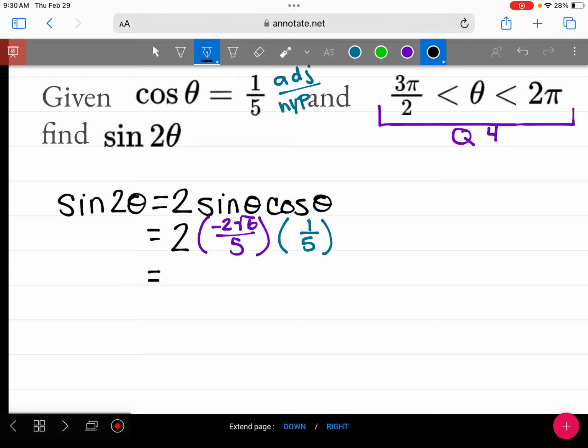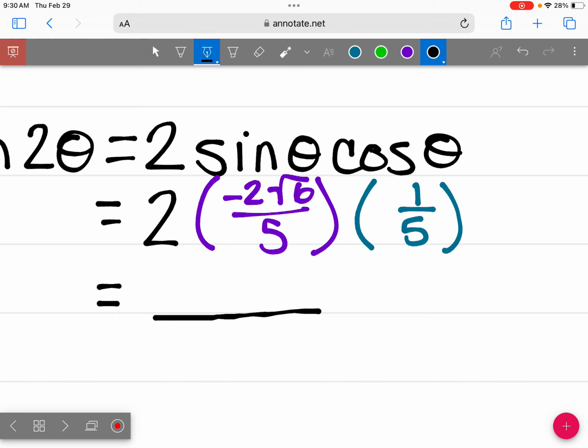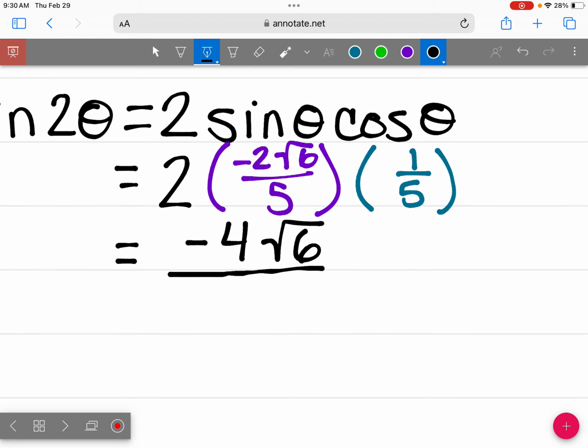So when we simplify this, what are we going to have? 2 times negative 2 square root of 6 times 1. Negative 4 square root of 6 over, what's our denominator? 25.